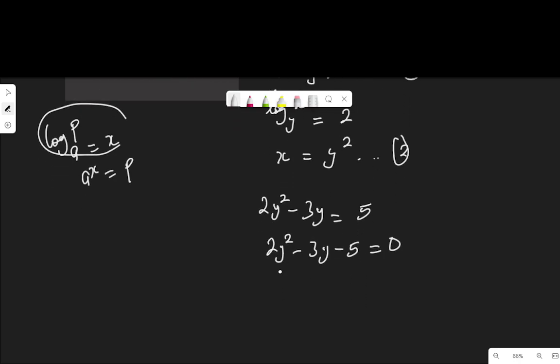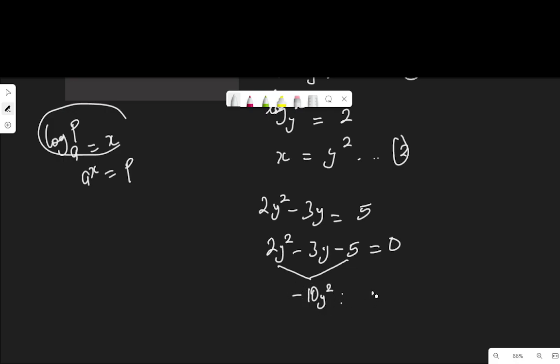Let's solve the equation. Multiply the first term by the constant term: 2y squared multiplied by negative 5 is negative 10y squared. Now look for two factors of negative 10y squared that add up to the middle number, which is negative 3y, but when I multiply them, I should have negative 10y squared.